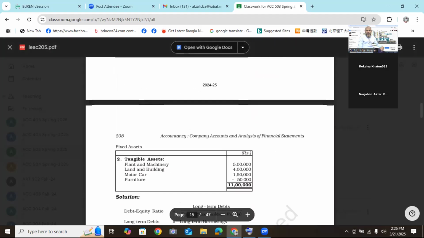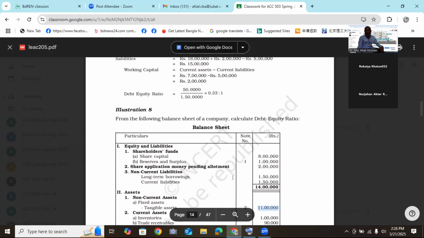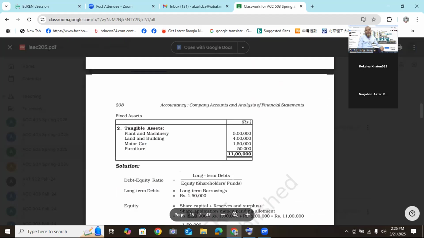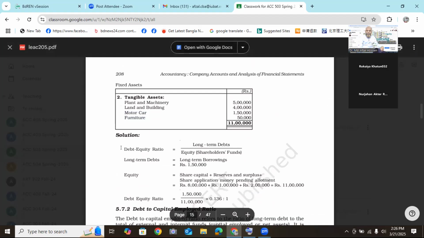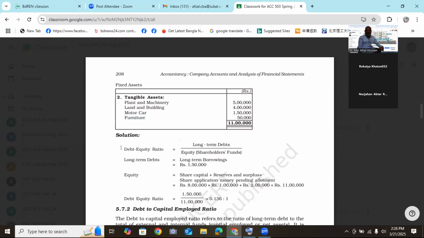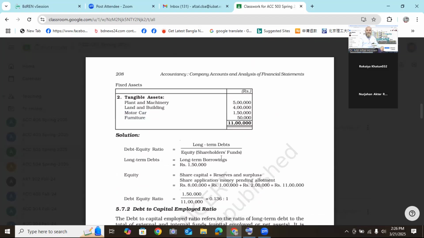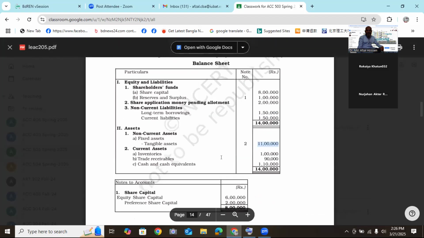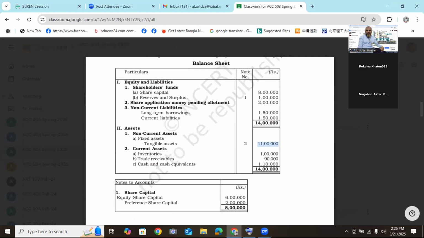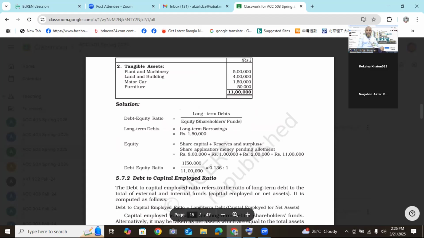Now, how to solve this debt to equity ratio? We know the formula: long-term debt divided by equity, the shareholder equity funds. Long-term debt is given under non-current liabilities, long-term borrowings, 1 lakh 50,000.